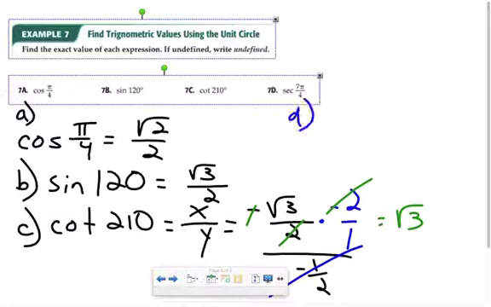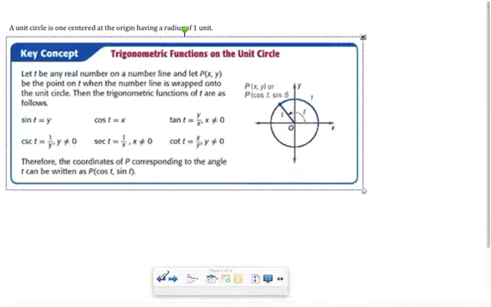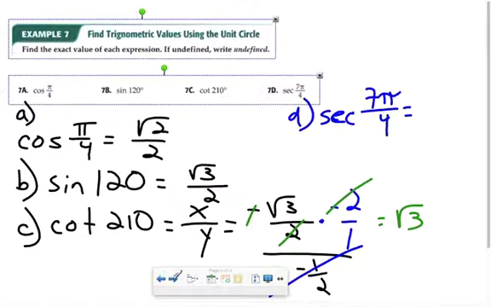Finally, part D, secant of 7 pi over 4, that's going to equal, well, what does the secant equal? It's 1 over my x-coordinate. And at 7 pi over 4, my x-coordinate is radical 2 over 2.